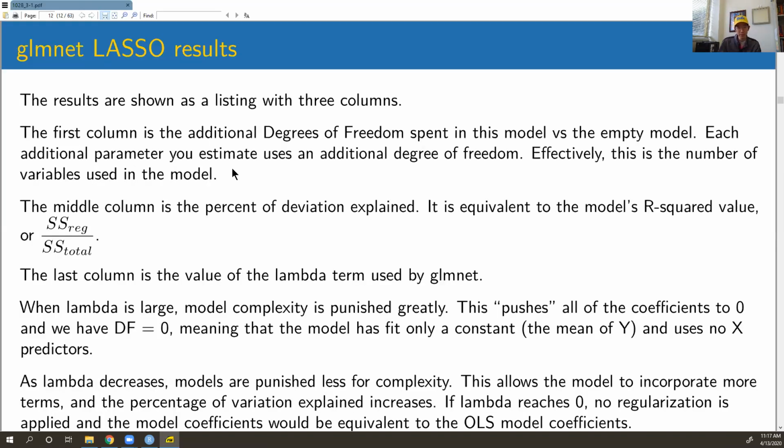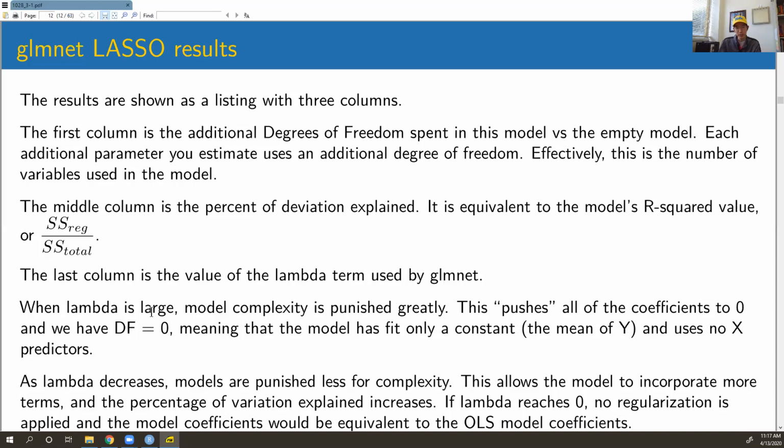I've written this all out. Each additional parameter that you estimate uses an additional degree of freedom. That's what that first column is. The middle column is the percentage of deviation explained. That's equivalent to the model's R squared value, or sum of squares regression divided by sum of squares total. The last column is the lambda term.